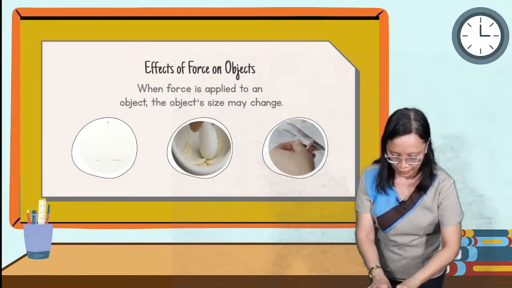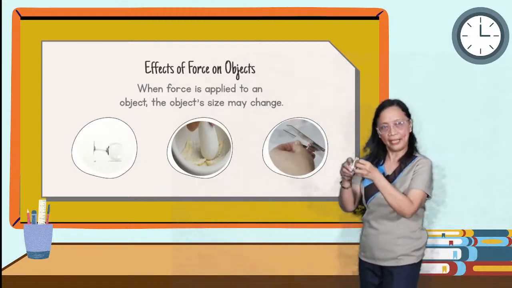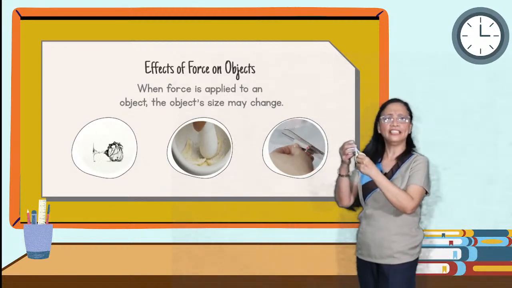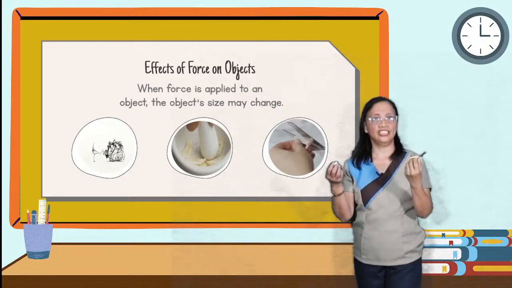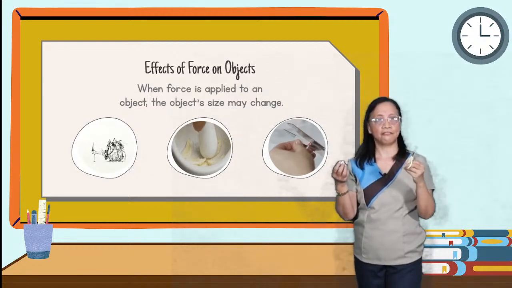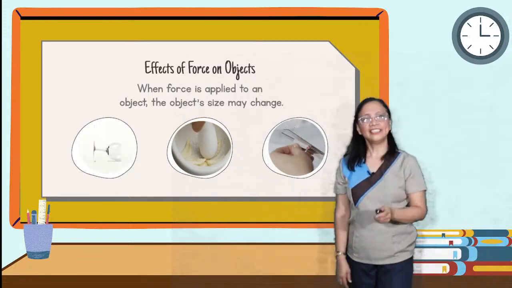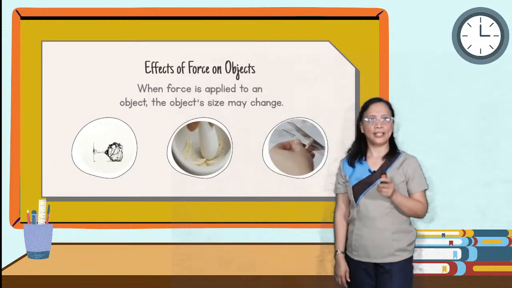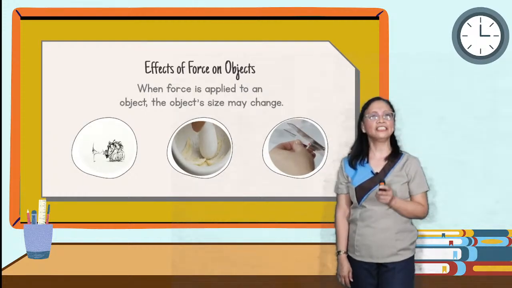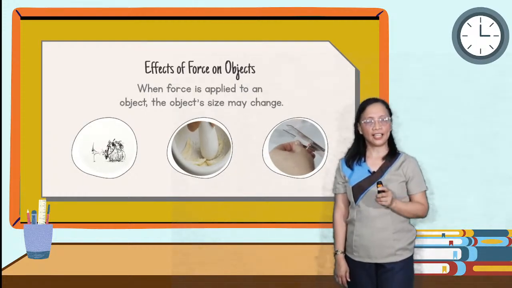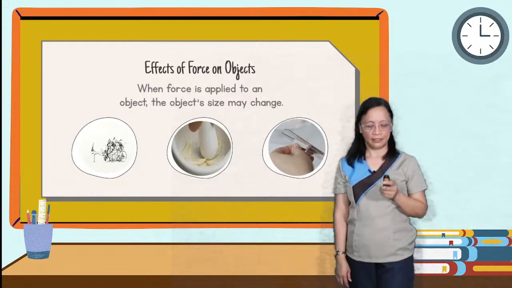A while ago, I was about to cut the paper. Cutting paper will definitely change the size of the paper. So, the second effect of force when applied to an object will definitely change the size of the object.